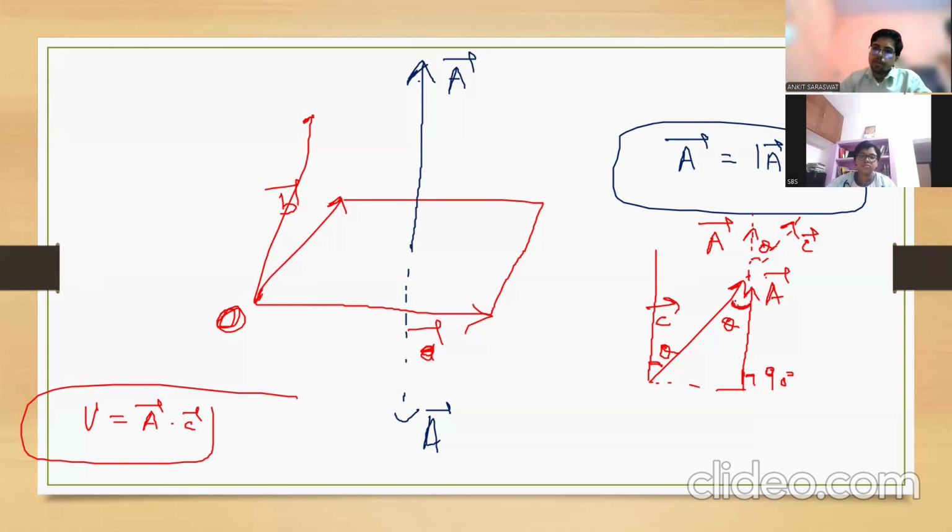Understood? Area vector is always perpendicular to the plane. It may be out of the plane. It may be into the plane. Interesting. The angle at which C vector is inclined, the same angle will be between area vector and the C vector. That is our one more observation. Here, what is our observation? The angle between area vector and C vector will be the same as the angle at which it is inclined.